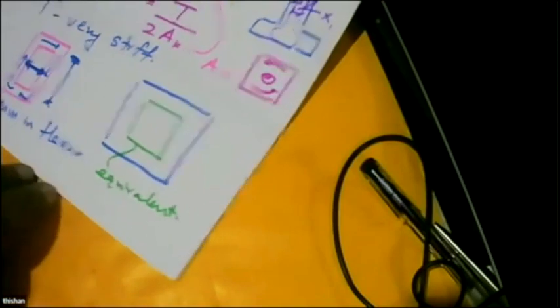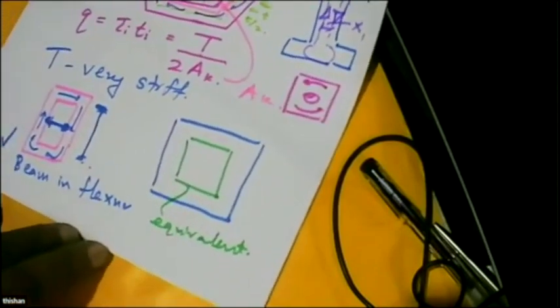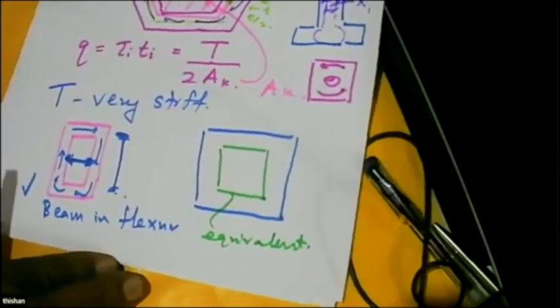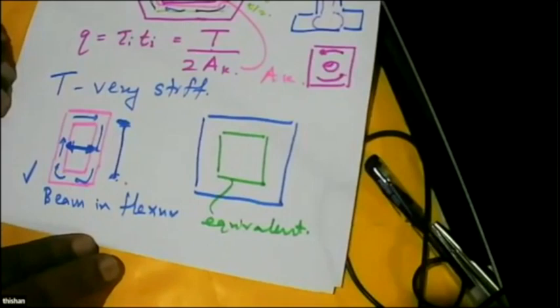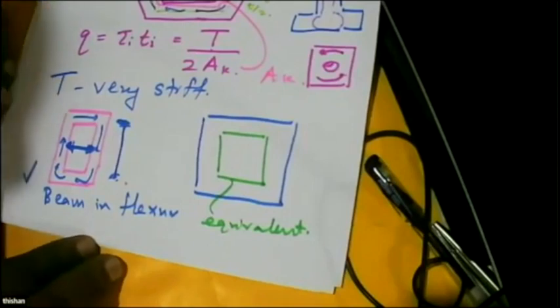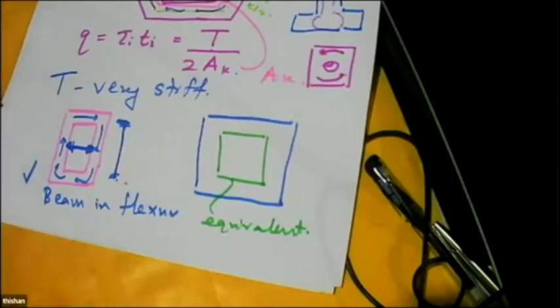Let's look at the outer part of the section. So what we do is we define an equivalent section whenever we want to calculate the torsional requirements.